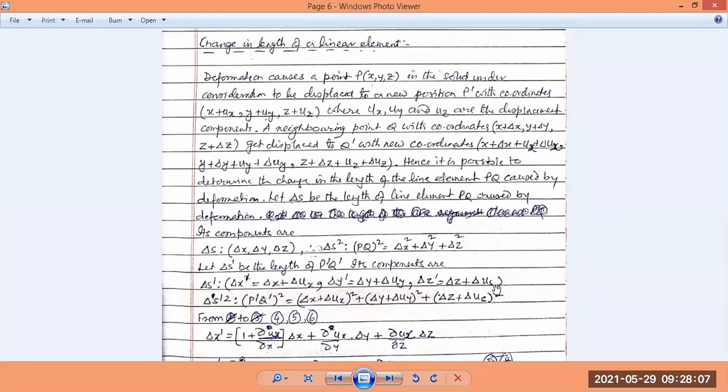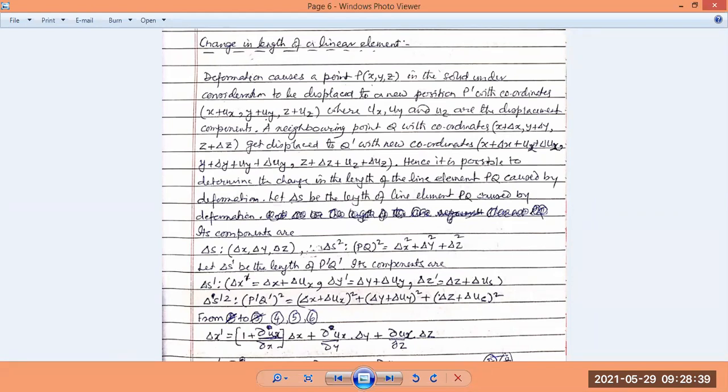As the coordinates of Q dash are changing, in order to know the change we have to add to the value of delta x the change of the value of ux along the x axis, and to delta y the change in uy along the y direction, and delta z plus delta uz, which is the rate of change along the z axis itself.